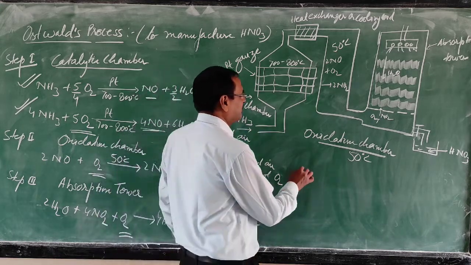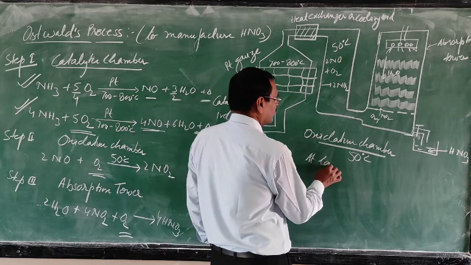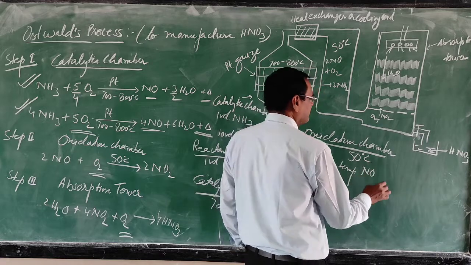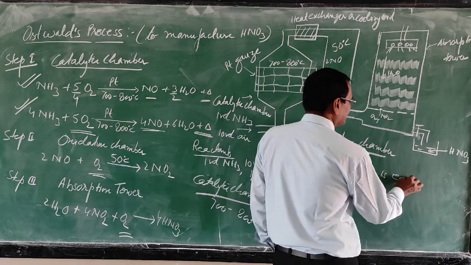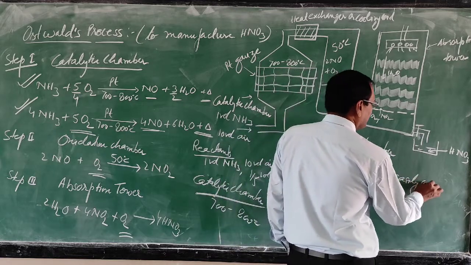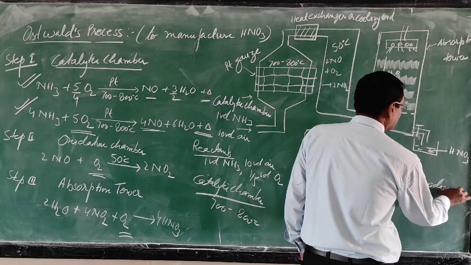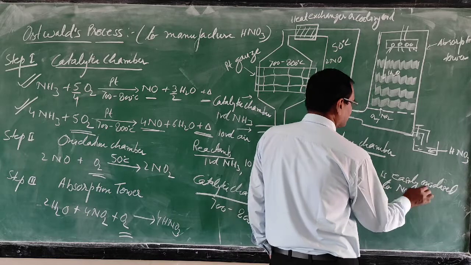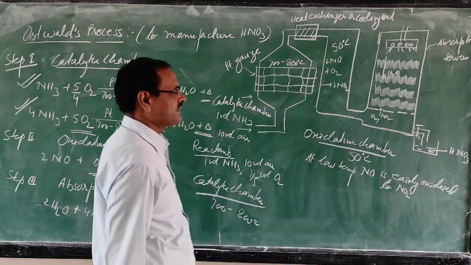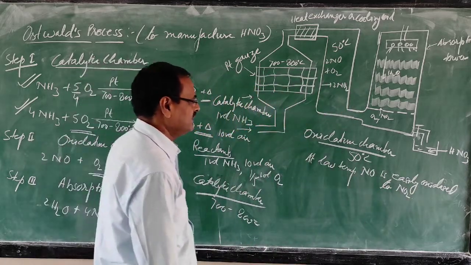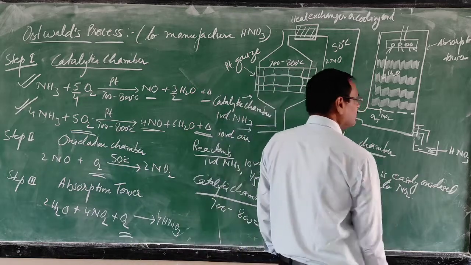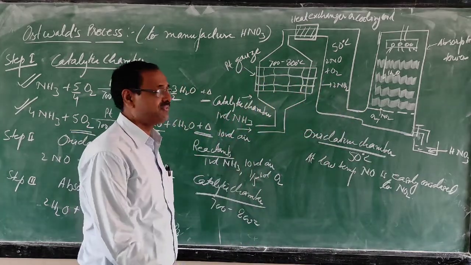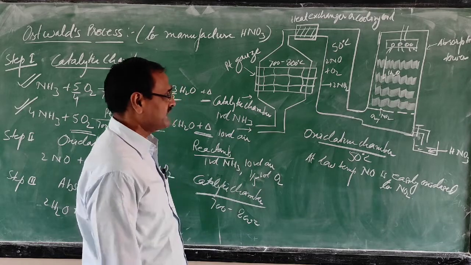So at a lower temperature, nitric oxide is easily oxidized to nitrogen dioxide, and it minimizes the chance of decomposition of nitrogen dioxide.